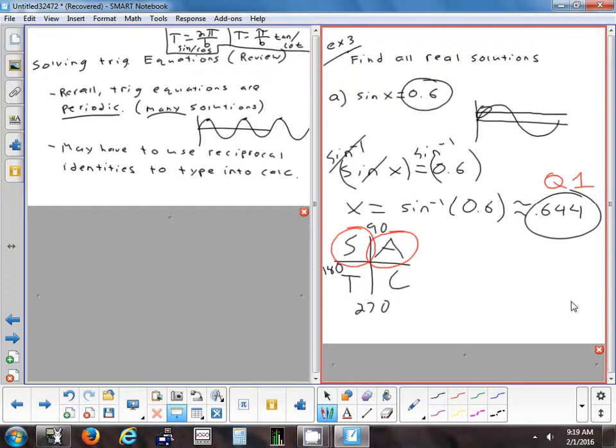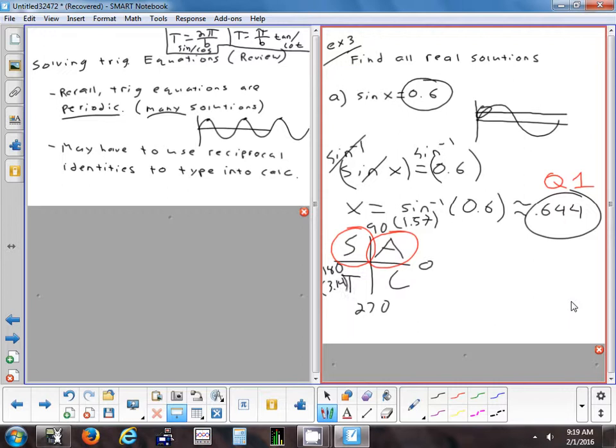Okay, how do I know that? Instead of thinking as 0, 90, 180, 270, think of it in radians. This is 0. This is 1.57. 90 degrees is 1.57 radians. 0.6 is between 0 and 1.57. That's how I know it's in quadrant 1. My next answer is going to be in quadrant 2, which is between 1.57 and pi, 3.14.